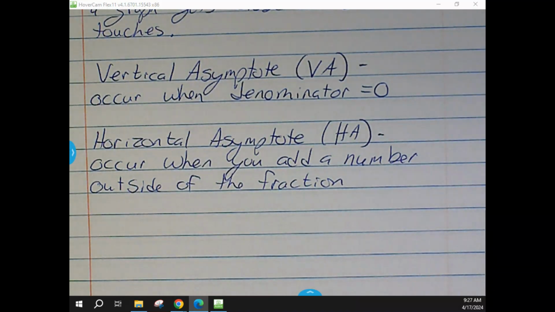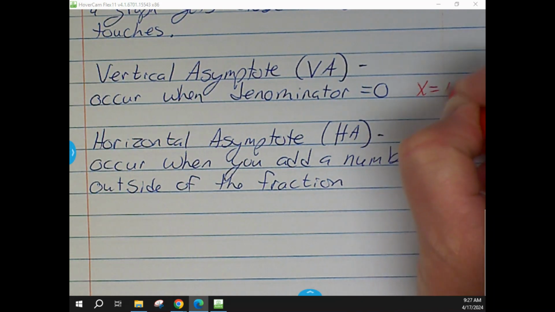Now, we say add, but it could also be subtract, so it could be a negative number as well. So either add or subtract the number outside the fraction. And the general equation for a vertical asymptote is always going to be x equals some number.